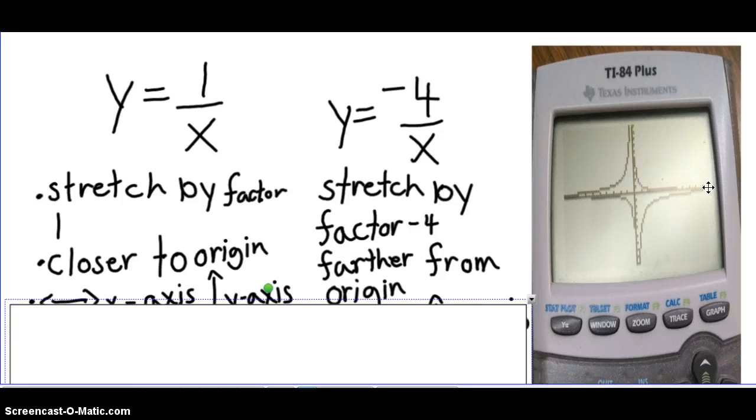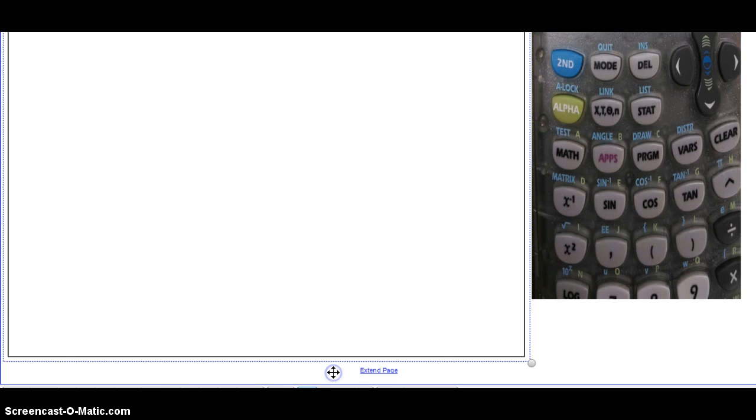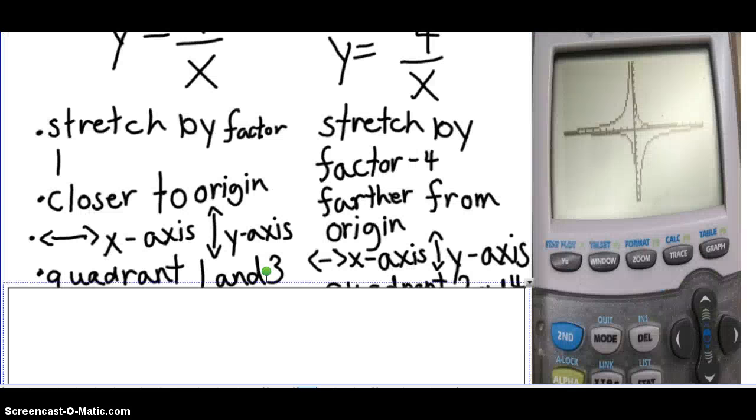So the x-axis is your horizontal asymptote, and the y-axis is your vertical asymptote for both y equals 1 over x and y equals negative 4 over x.